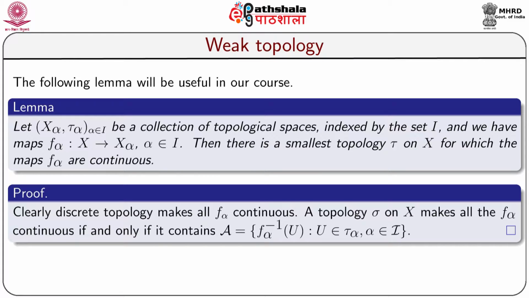For the proof, a topology sigma on X makes all f_alpha continuous if and only if it contains the collection A equal to f_alpha inverse U such that U belongs to tau_alpha and alpha belongs to I.